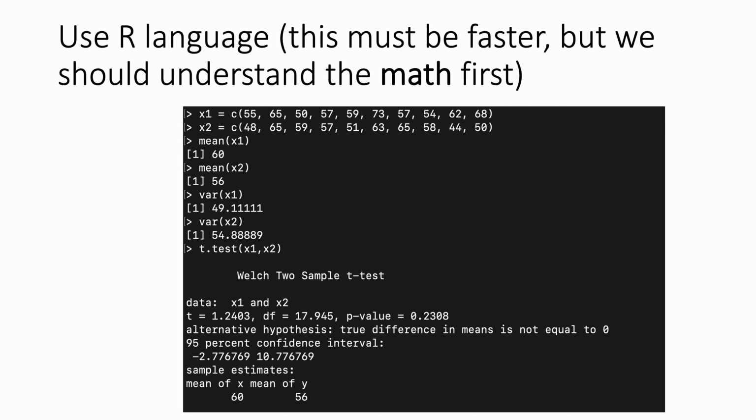Or we can skip all of this and just write t.test(x1, x2), which gives us a t value of 1.2403 as shown in our calculated value, degrees of freedom of 17.945, which is very similar to our degrees of freedom, but this one's just more accurate, and our p-value is 0.2308, which is the calculated value from the computer.